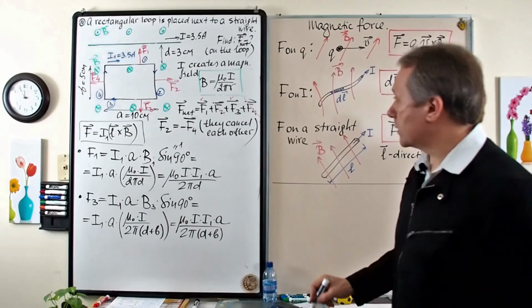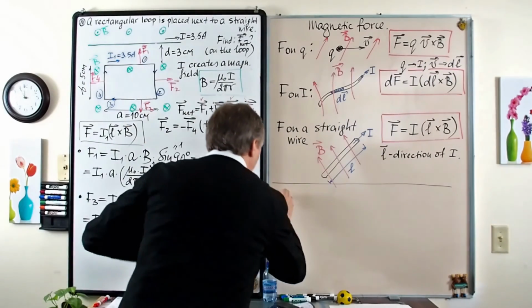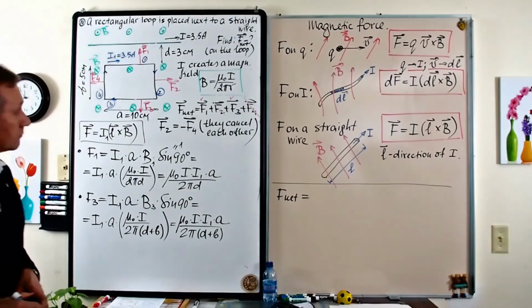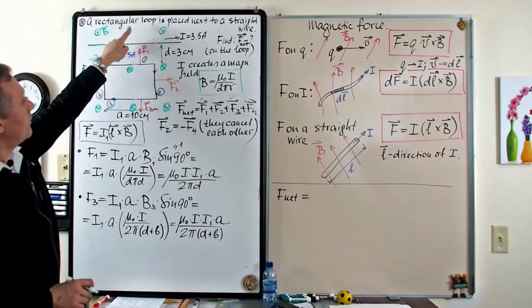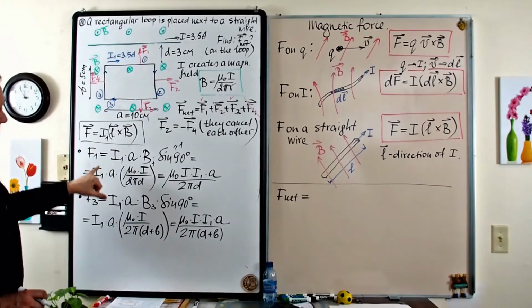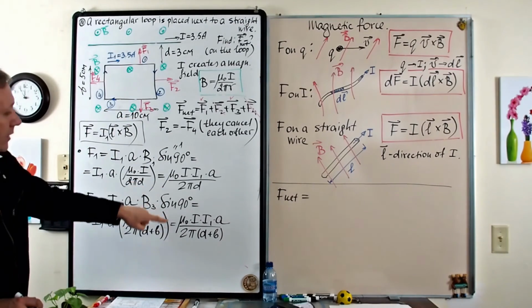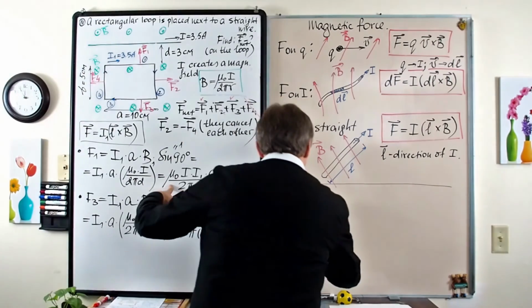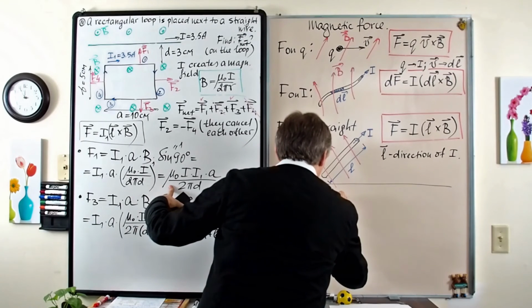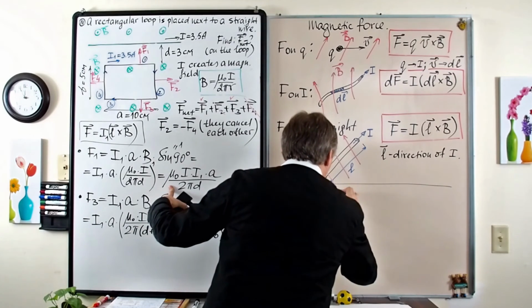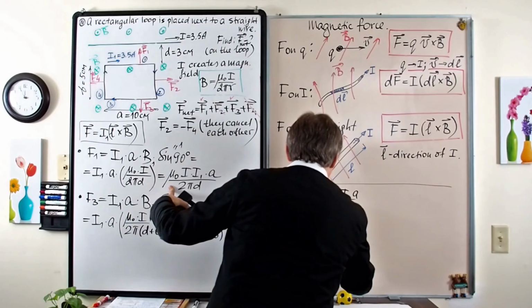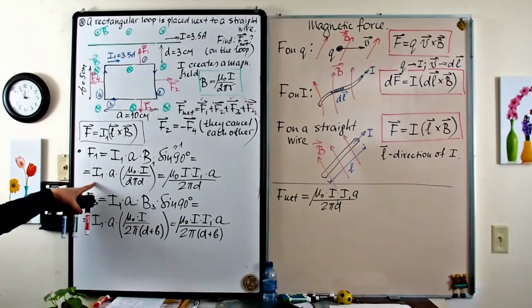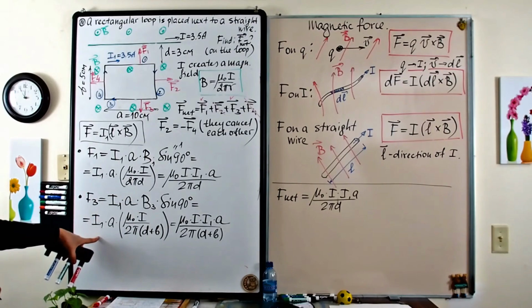And now what? We know the direction of the net force. F net: we see force F1 up, force F3 down. These are absolute values, so we just need to subtract one from the other. This is larger, this is smaller. So it will be mu naught I1 A divided by 2 pi D, which is just F1, and minus F3.